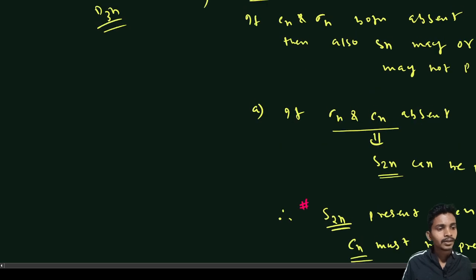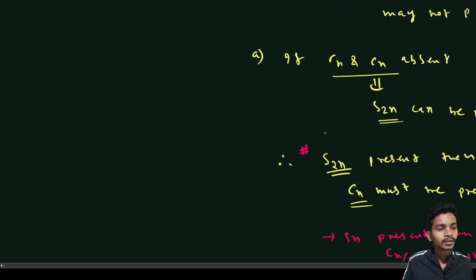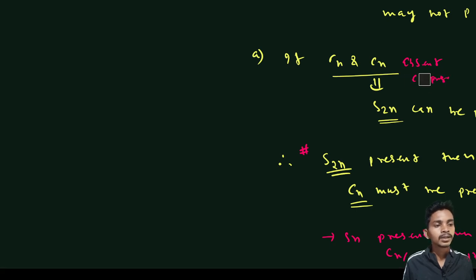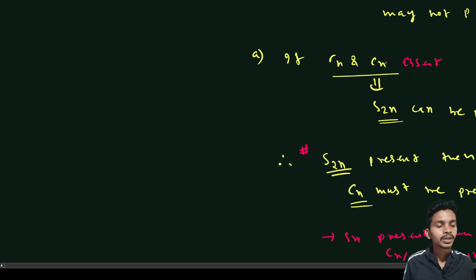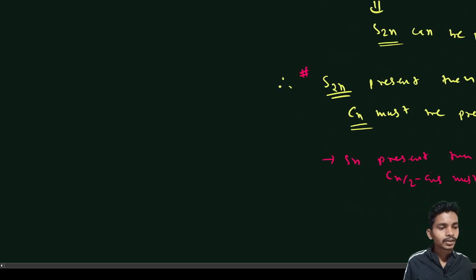That's what we discussed, that if sigma h and Cn are absent, or Cn is absent, then S2n can be present. That's what we discussed here: if S2n is present, then Cn must be present, or if Sn is present, then the Cn by 2 axis must be present.